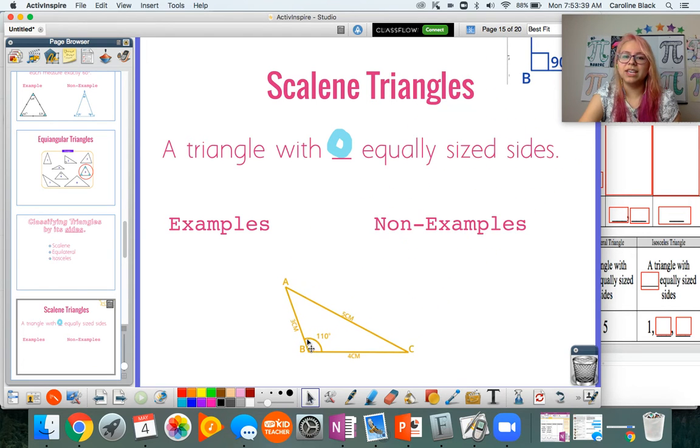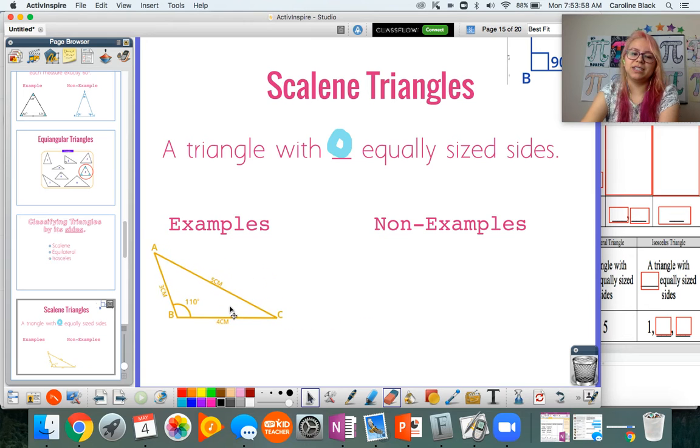We're now looking at the sides of a triangle, not the angles. Okay. So looking at the sides, 3, 5, and 4. They're all different. This is an example of a scalene triangle.